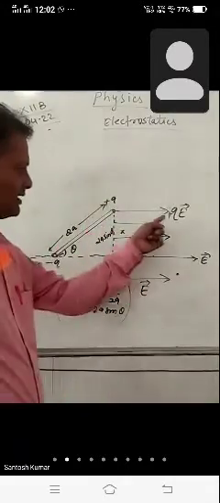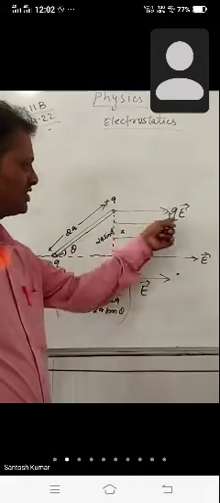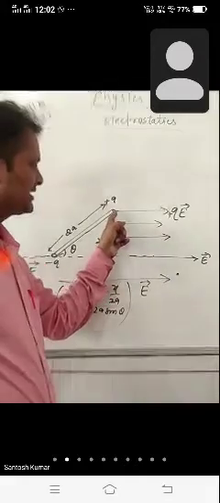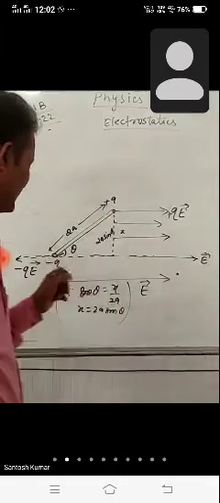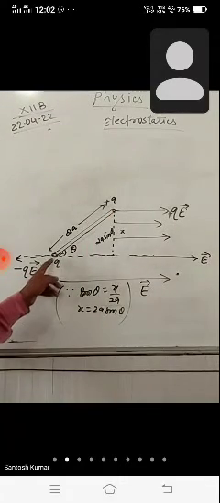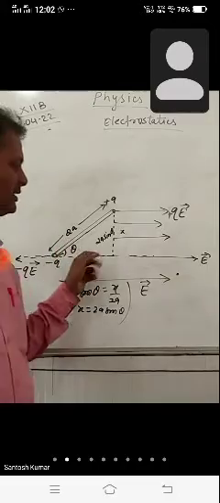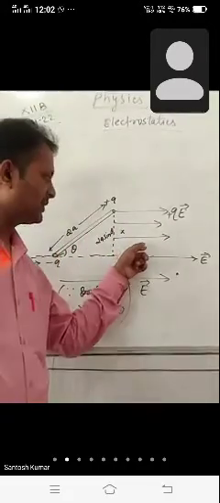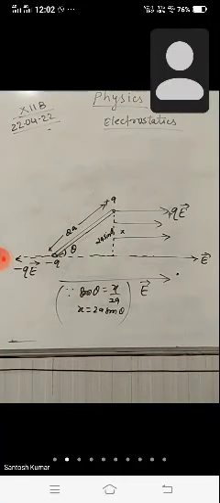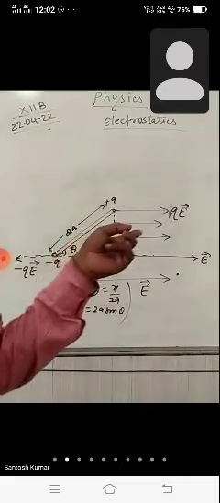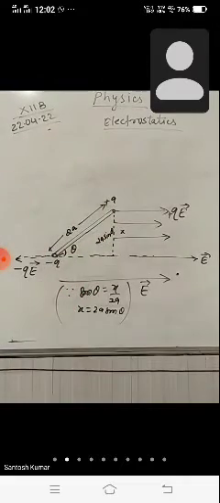One by one, we will write about this. This is the force experienced at this particular point, and this is the force experienced at that point. Why? Because this dipole has been placed in a uniform electric field. So the plus q charge will experience force, and the minus q charge will also experience force.